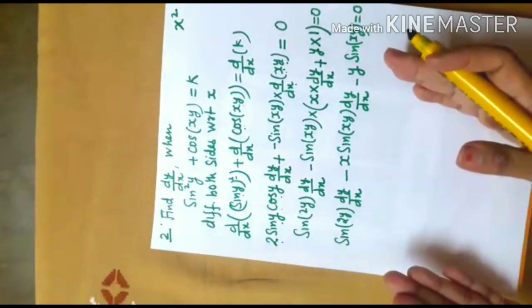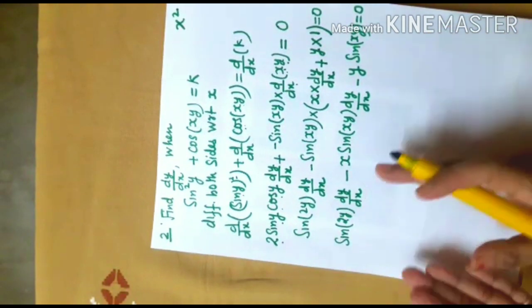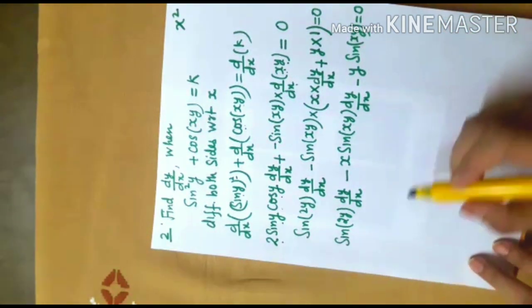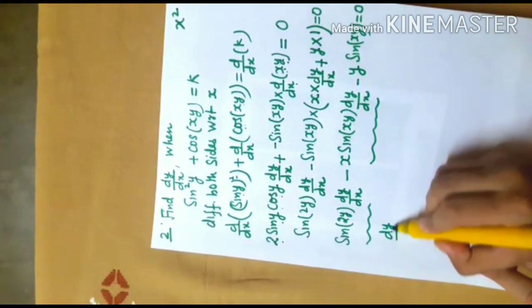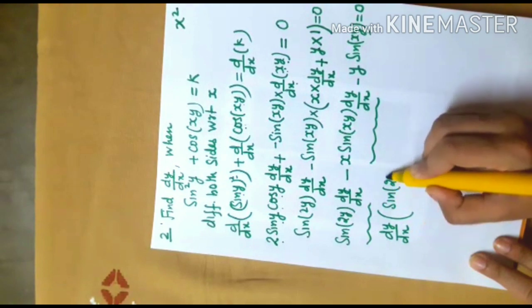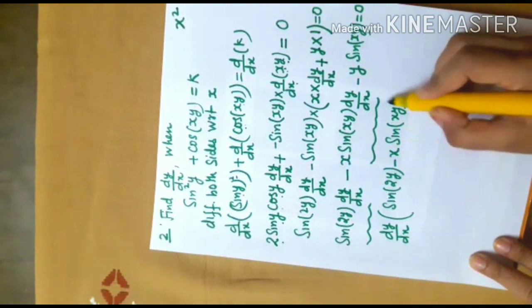Right? Now take all the terms which contain dy by dx to one side and other terms on the other side. So from these two terms, I take dy by dx out. Here it will be sine 2y minus x sine xy.